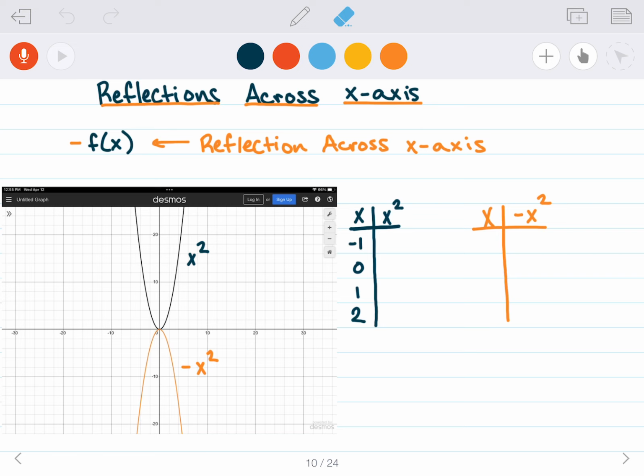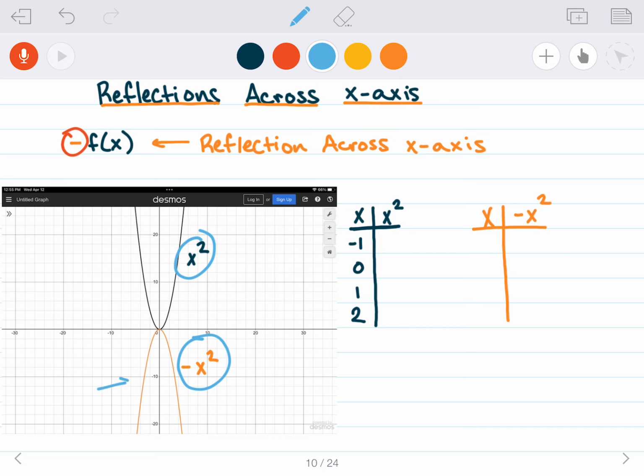So algebraically, a reflection across the x-axis is indicated by a negative on the outside of the function. Okay? So like for example, if I have the parent function x squared, well, if I put a negative in front of the x squared, that means, hey, I'm going to take x squared and I'm going to use the x-axis as a mirror.